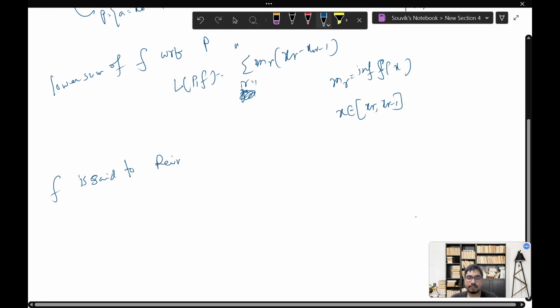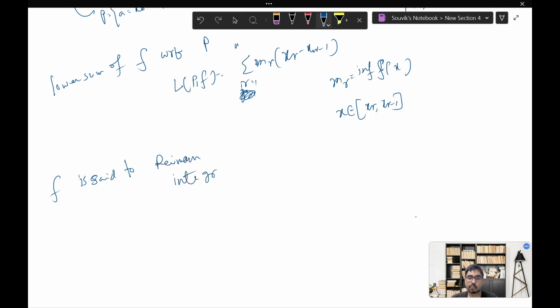The function f is said to be Riemann integrable if the upper integral of f is the same as the lower integral of f.